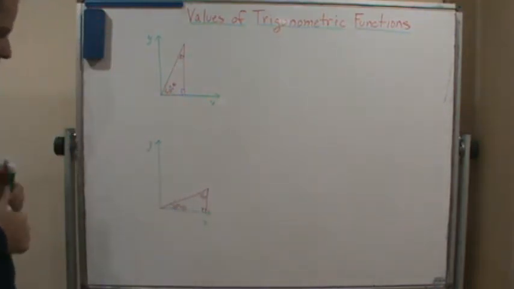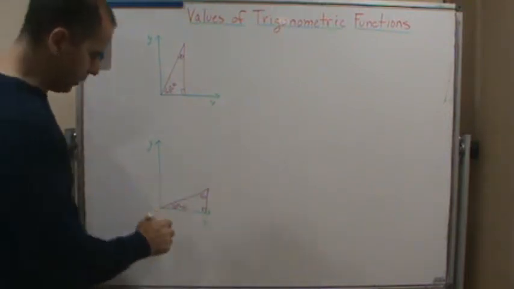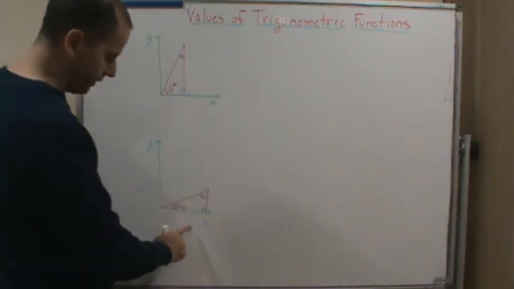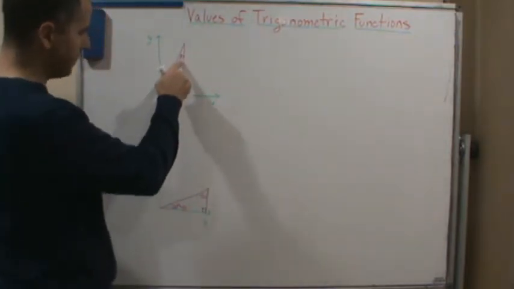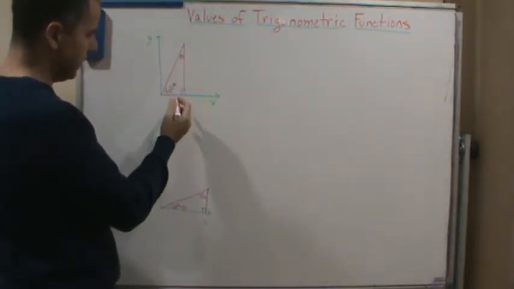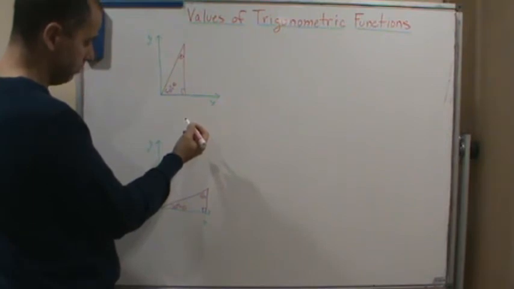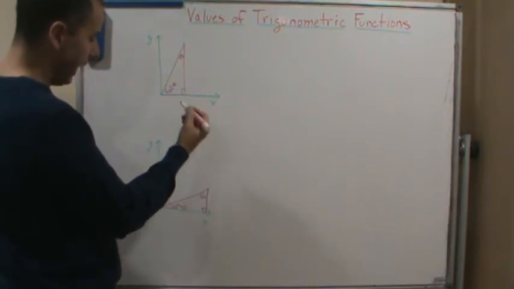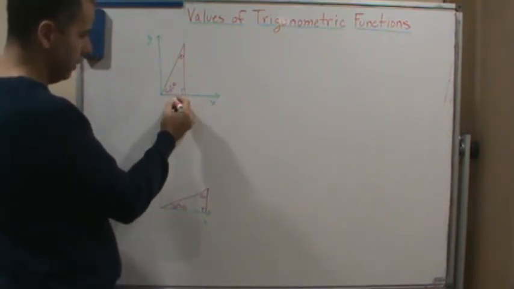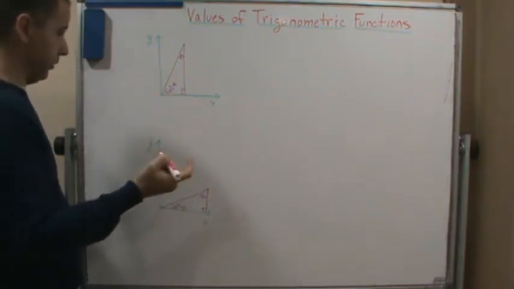Again, let's use the fact that the opposite angle, so let's look at the 30 degree angle. We know that this side opposite the 30 degrees is half of the hypotenuse.